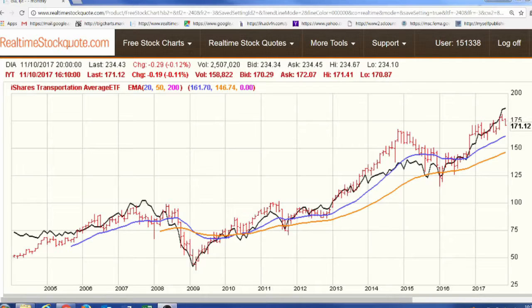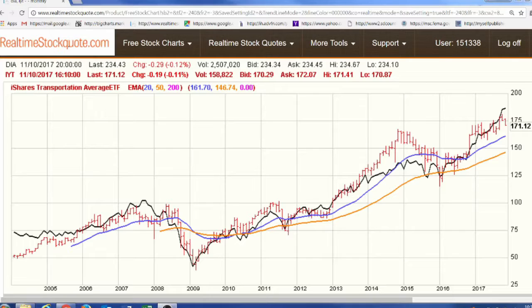However, for our purposes, it will serve well. If you want, you can look up the actual industrial average using $INDU in some charts, and the Dow Jones Transportation Average is $TRAN. But again, for our purposes, the DIA, diamonds, and the IYT will do well.